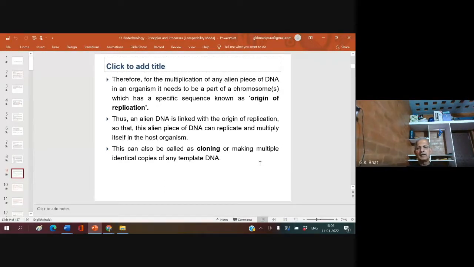Thus, an alien or foreign DNA is linked with the origin of replication so that it can replicate and multiply itself in the host organism. This is called cloning, or making multiple identical copies of any template DNA. Template DNA is a DNA which is used for replication. Is it clear?